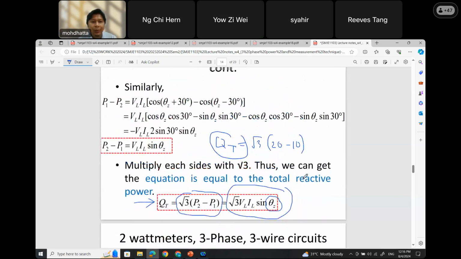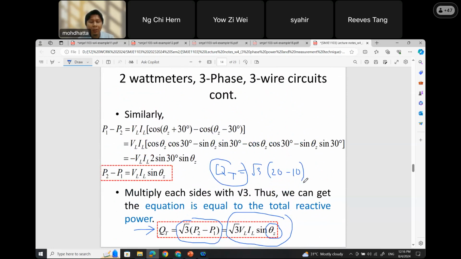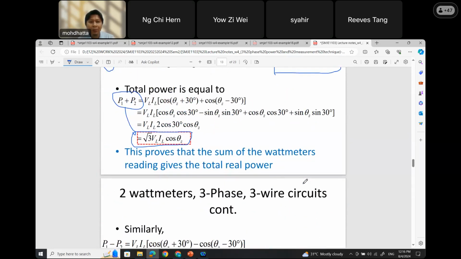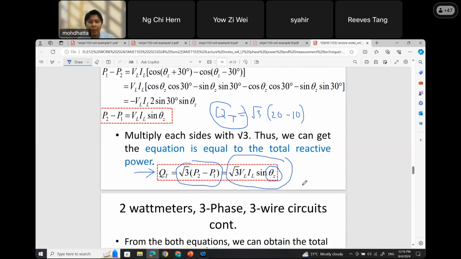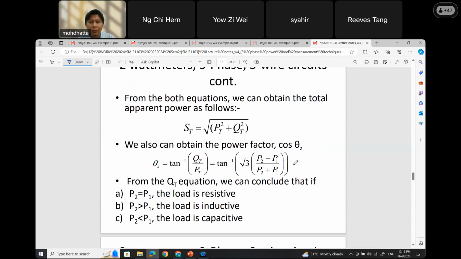Since we have the active power or average power over here, we can later calculate our reactive power. By using the Pythagoras theorem, we can calculate the apparent power, and I must say that this should be the magnitude of our complex power.